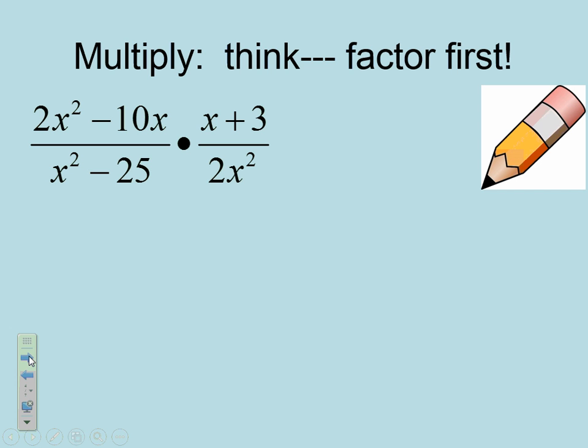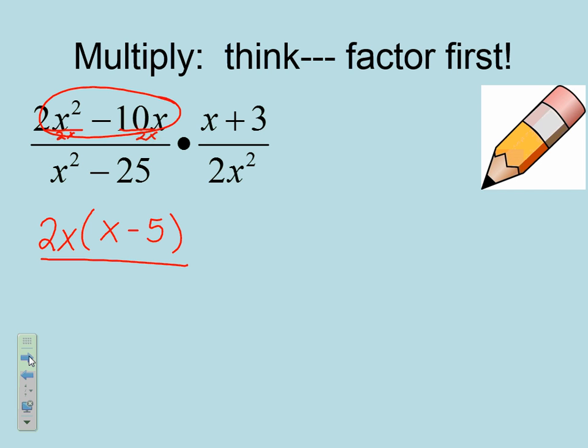So take a look at these two fractions we have here, and let's go ahead and factor each part. So the top right here, okay, the numerator of that first fraction, what can I do to factor that? Well, I can take a 2 and an x out. And if I divide each piece here by 2 and x, then it would become x minus 5. 10 divided by 2 is 5.